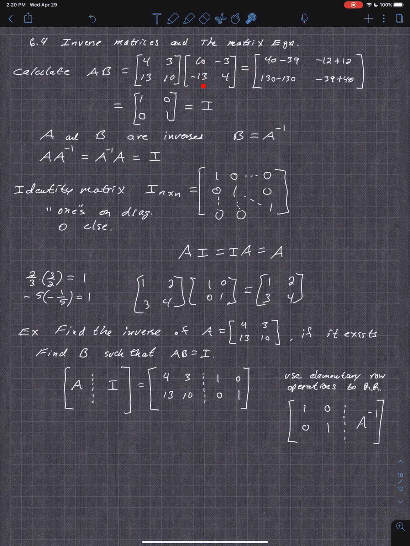So if you have a matrix that does that, and technically you'd want to go B times A as well, then A and B are called inverses, or we say B equals A inverse or vice versa. So inverses mean you have the product of the two gives you the identity matrix. So it's like a multiplicative inverse for matrices.